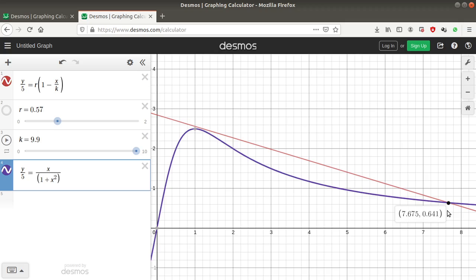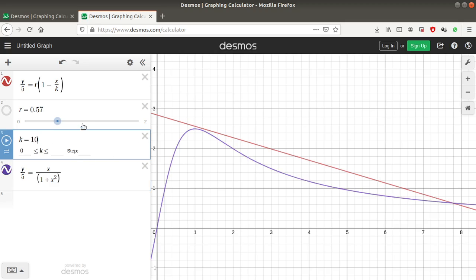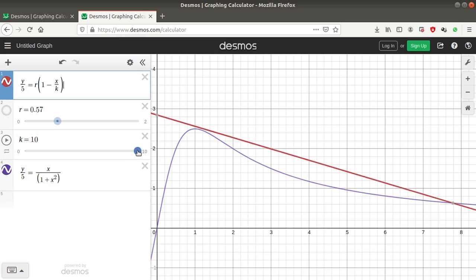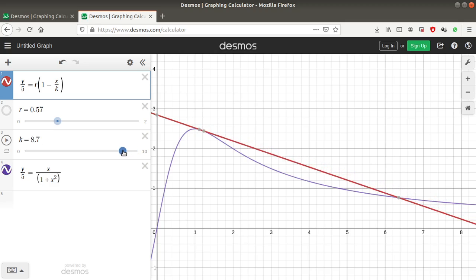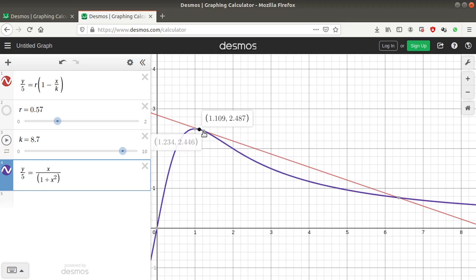Now, because of the very large number of insects, they started eating more trees. So this k value, which is almost 10, is now going to go down. If it goes down below 8.8 or so, once again we could observe these two fixed points in addition to this fixed point.